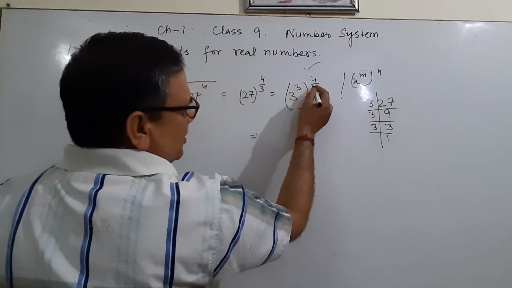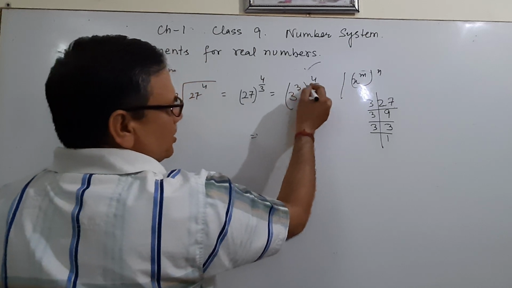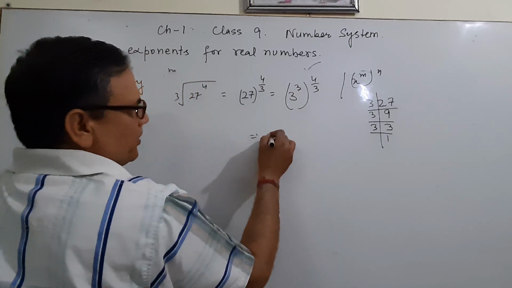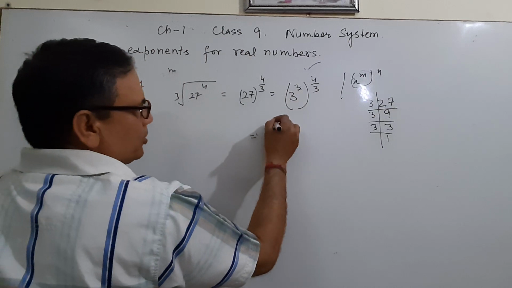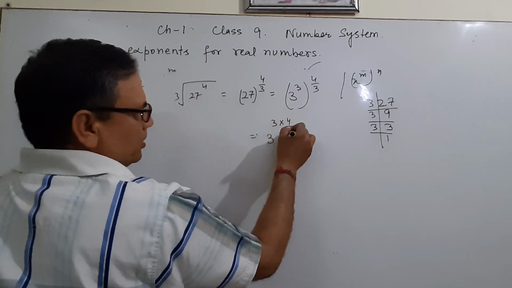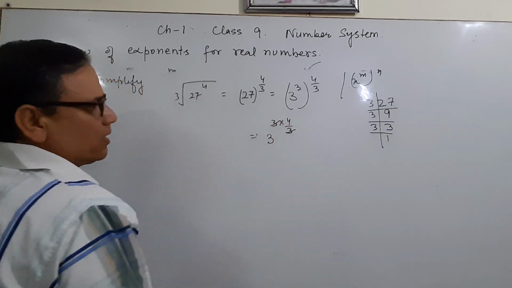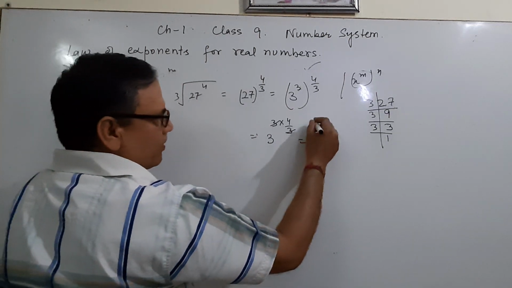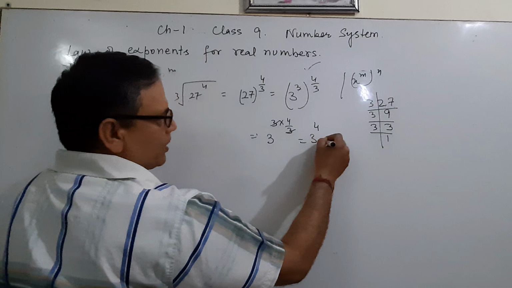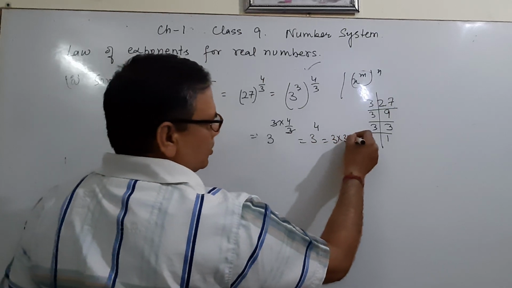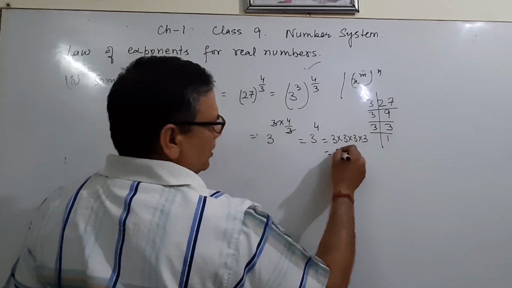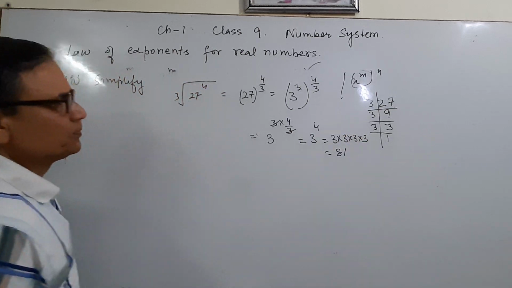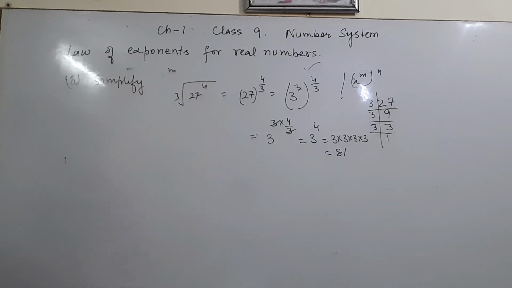This 3 multiplies to 4 by 3, so we can write 3 power 3 into 4 upon 3, and this 3 will cancel. And now what is your answer? 3 power 4, and we write 3 into 3 into 3 into 3 is equal to 81. It is your answer.